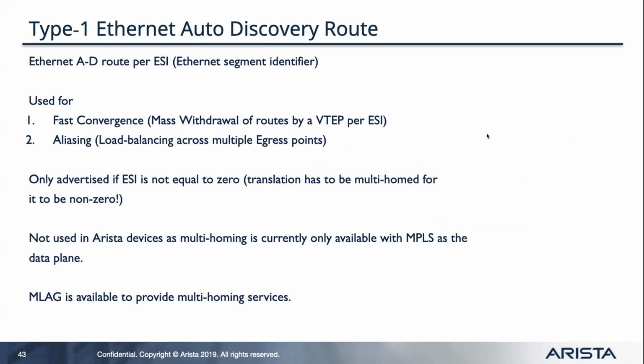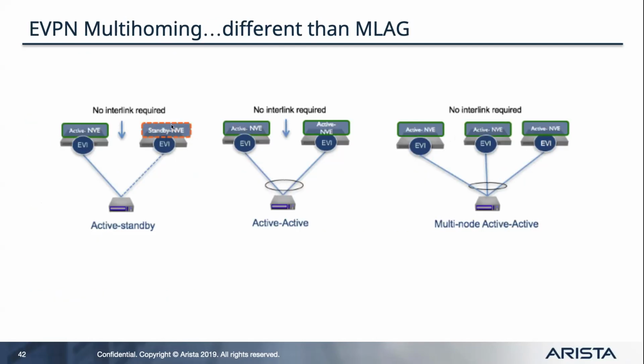Now let's go with first type 1 Ethernet auto discovery route, right? So this is used for multi-homing. Okay, so when you don't have this MLAG peer between these 2 devices, whatever MAC you learn here, right, somehow how will you know that this Ethernet segment is common between these 2 devices, correct?